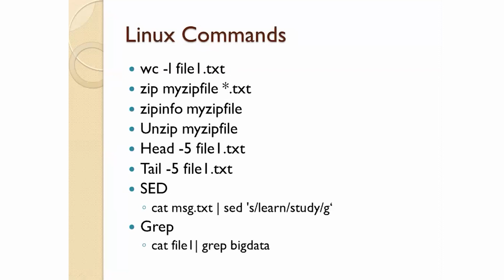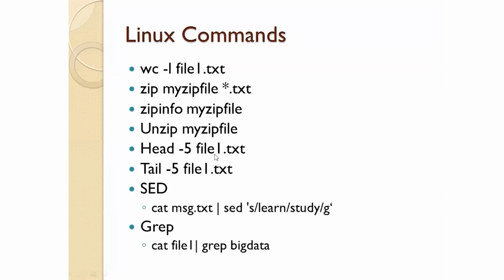If you don't want to extract it and just want to see what files are present, use zipinfo. Or if you want to use those files and extract them, you can use unzip followed by your zip file. This would extract all the files in that zip file and then you can use them.